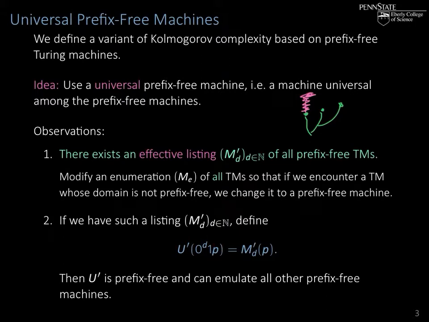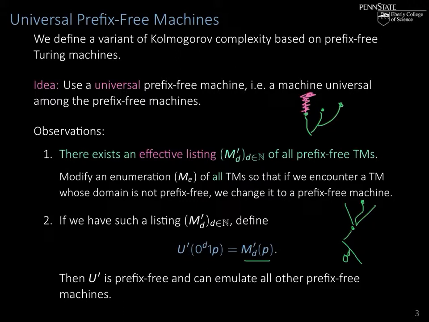So what does this look like now? Well, what does U prime do? It first gets as input the index of the machine it's supposed to emulate, as a code of that length, in the form 0 to the D, and then a 1. And then above here it gets the program that is fed to the machine it emulates.